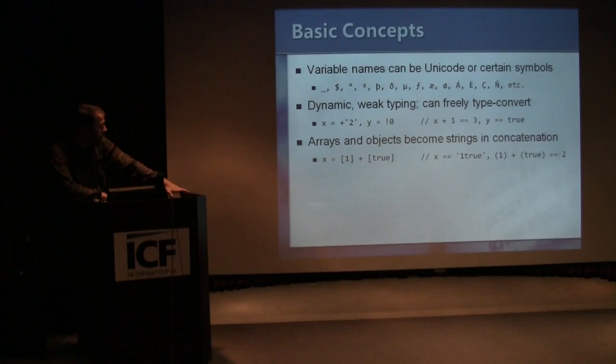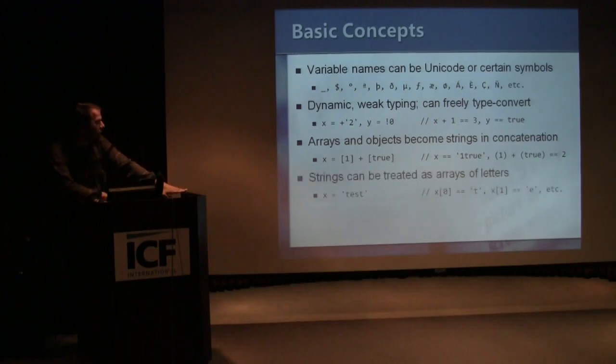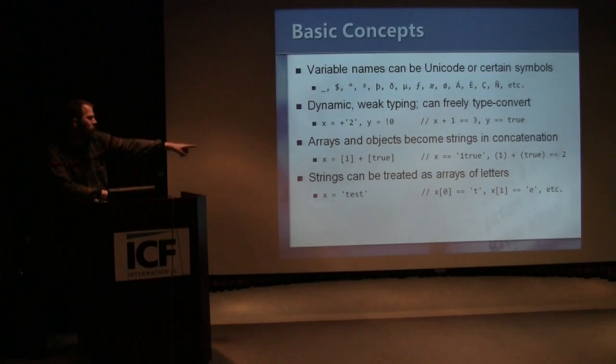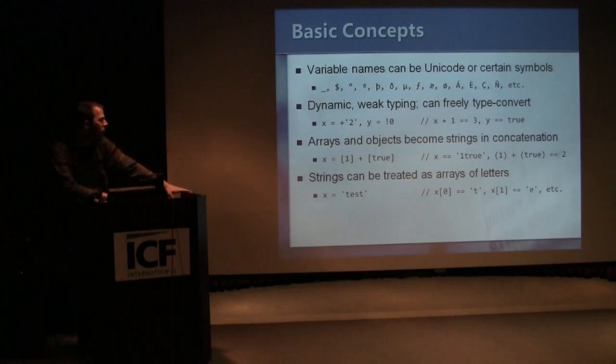This is just a little trick to be aware of. If you start combining arrays or objects, those end up concatenating. That can be an easy way to get certain strings sometimes. And this is another very key aspect of it. If you have a string in JavaScript, you can treat it like an array to pull off individual letters. So here the 0th character is T, the first character is E, and then of course you can recombine all of those letters using concatenation to get a new string out of it.